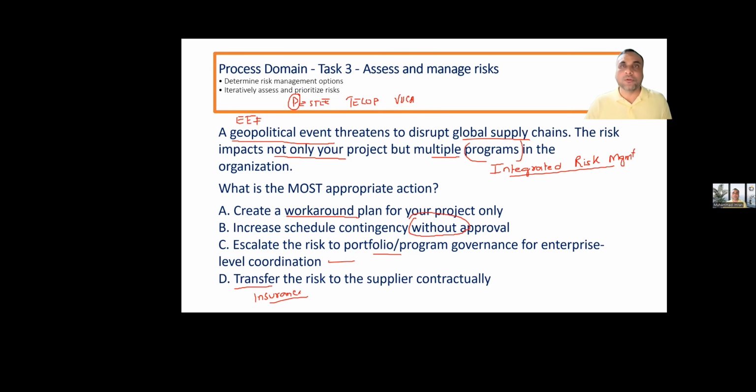And just to remind you, if the risk is related to the objectives, the project manager should handle it. If the risk is related to benefits, who should handle it? If you remember now what I'm trying to say, if the risk is related to benefits, who should handle it?